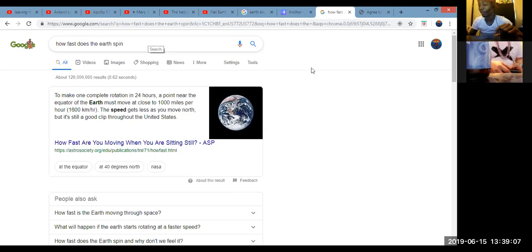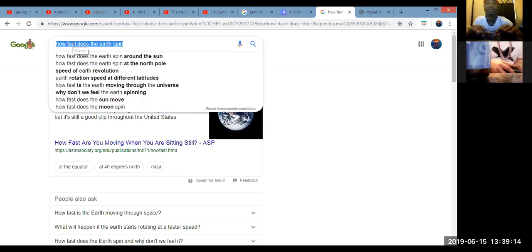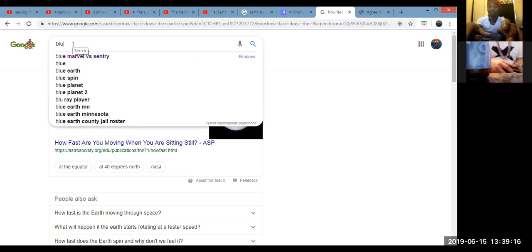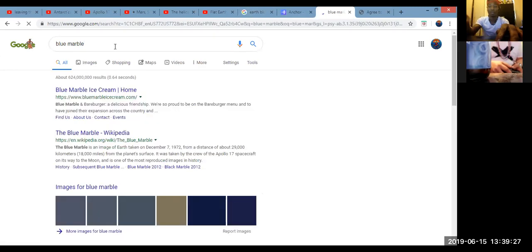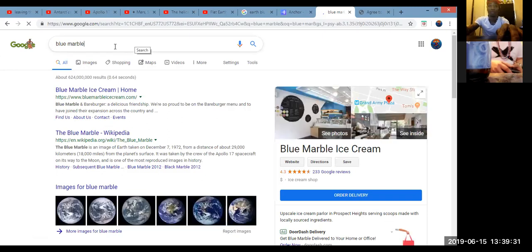So first, we have the globe. Let's get this blue marble picture. Matter of fact, I got the blue marble picture right here.